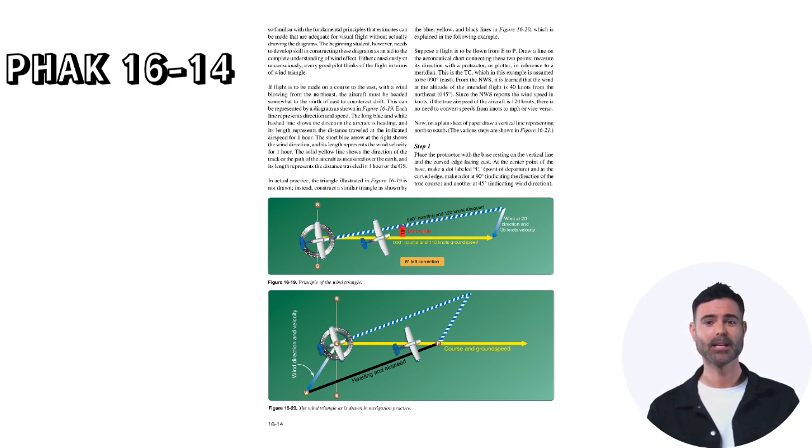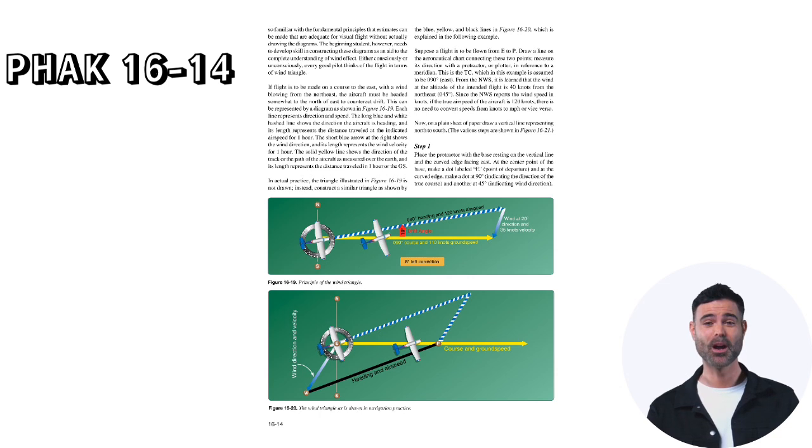This can be represented by a diagram as shown in Figure 16:19. Each line represents direction and speed. The long blue and white hashed line shows the direction the aircraft is heading, and its length represents the distance traveled at the indicated airspeed for 1 hour. The short blue arrow at the right shows the wind direction, and its length represents the wind velocity for 1 hour.